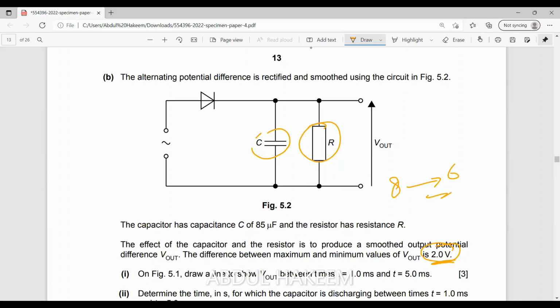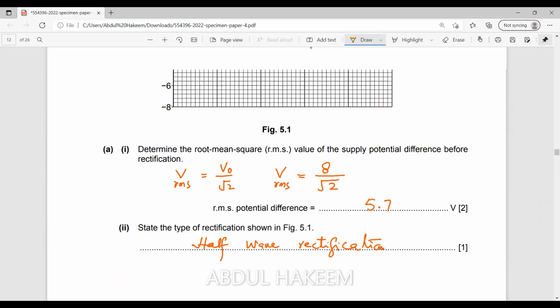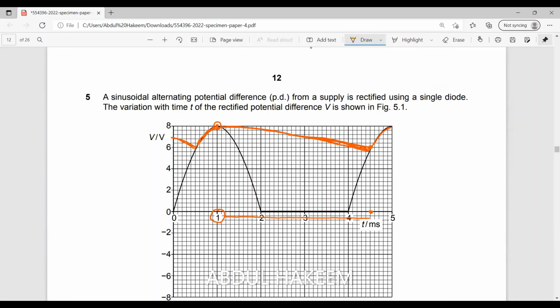Draw a line to show V out between 1 and 5. Look at the graph. One is this. So the capacitor discharges. This is the curve. And the maximum value, the minimum value is 6. This is the difference because it produces only 2 volt difference. So 8 minus 2, 6.